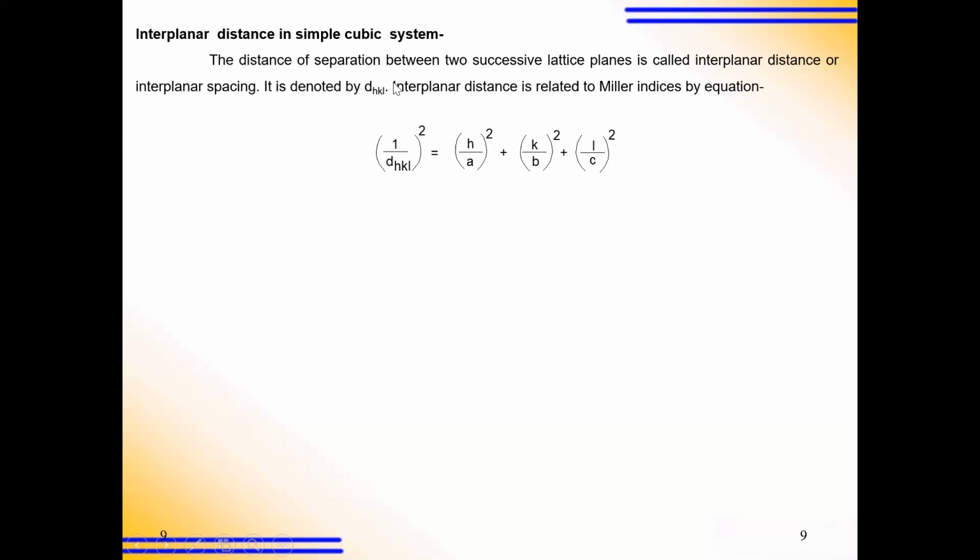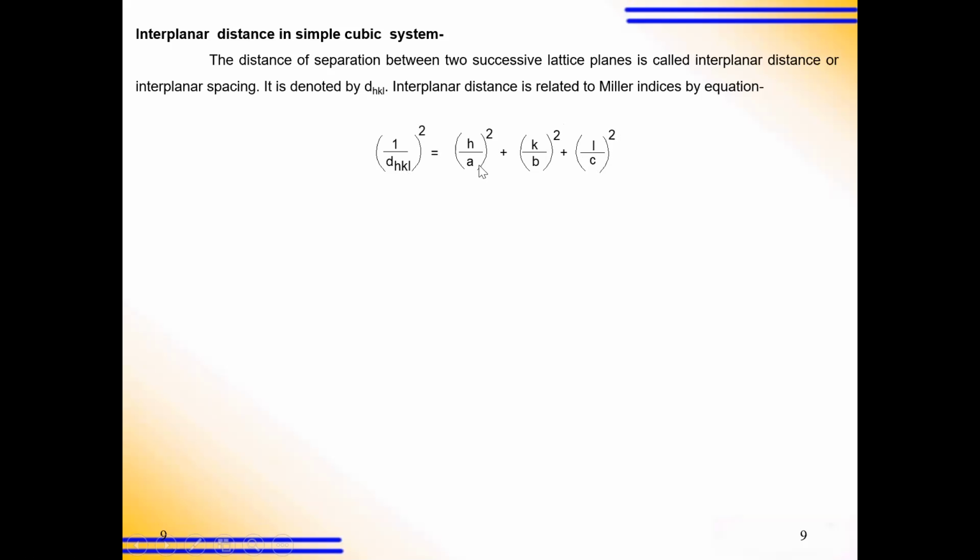Okay, so DHKL. So interplanar distance is related to Miller indices by this equation. आता हे इक्वेशन असते 1/DHKL raised to power 2. सो या इक्वेशनला आपण असं लिहितो इज इक्वल्स टू h upon a raised to power 2 plus k upon b raised to power 2 plus l upon c raised to power 2.